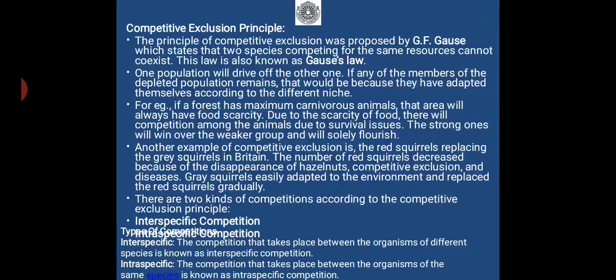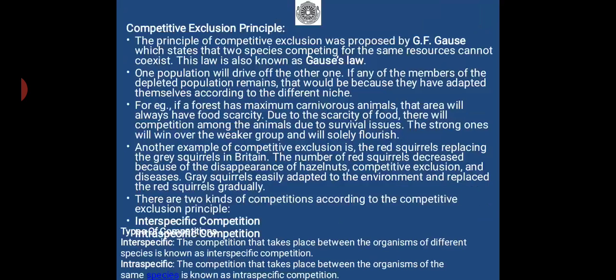So, according to this principle, two populations or two species present in the same habitat will compete for the same kind of resources, and they cannot coexist for a long time. This is the main meaning of the competitive exclusion principle.